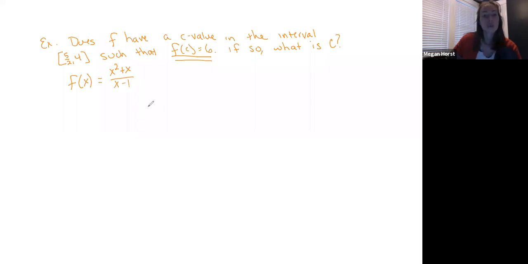So the first thing you want to check, looking at this function, think about rational functions. We have a point of discontinuity at x equals 1. So the first thing I need to check is, does 1 fall between 2.5 and 4? It doesn't. So this function is continuous on my closed interval. So that means that my continuity checks.